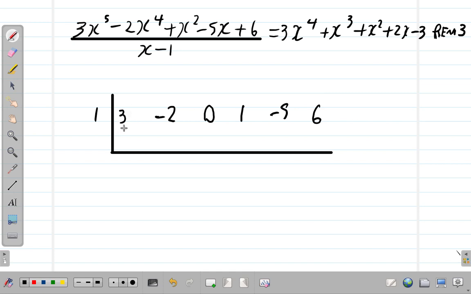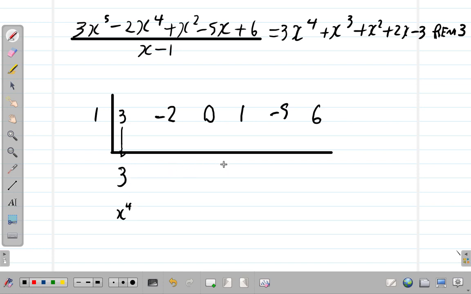Now you bring down the 3. This is 3. This would be 3 times x to the 4th. Alright? You could place it here as a reminder.